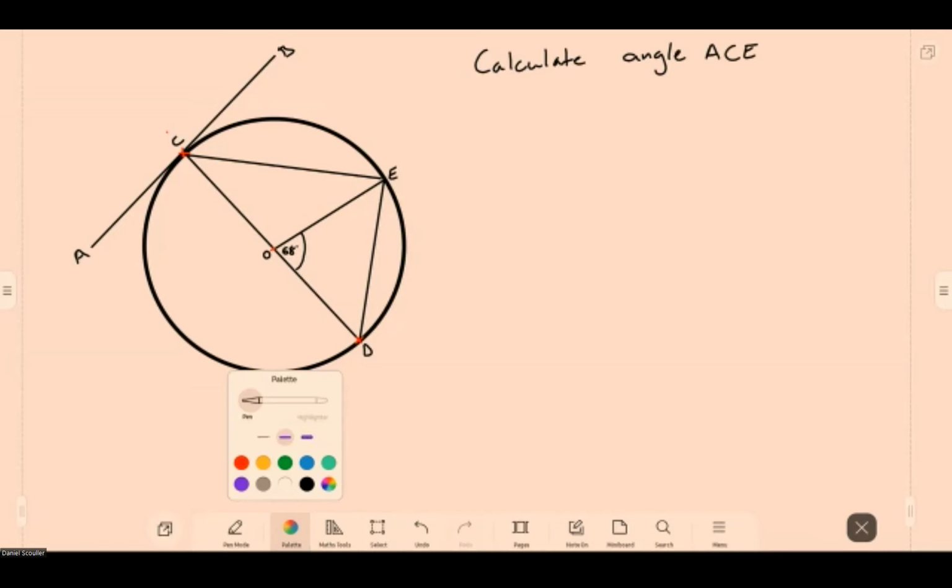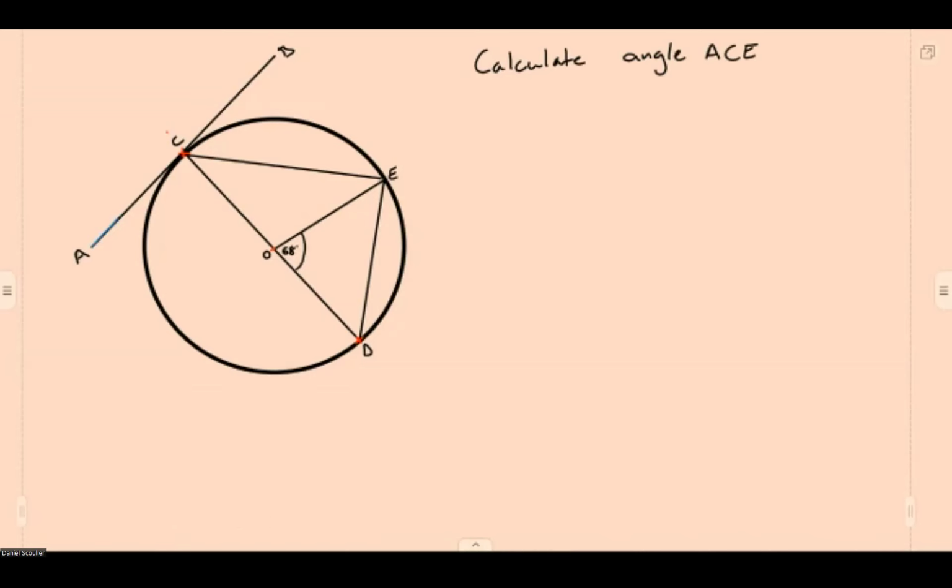The first letter is where you start. A, we're going to C. The middle letter creates your angle. And your last letter is where you finish. So it's a journey. So A to C, C to E, and then the angle that creates is the angle we're trying to find. So calculate the angle ACE.